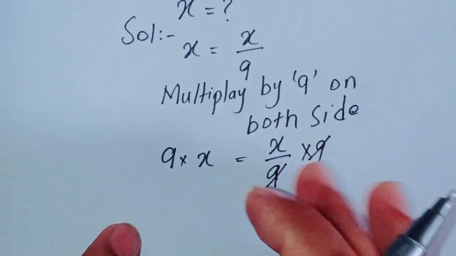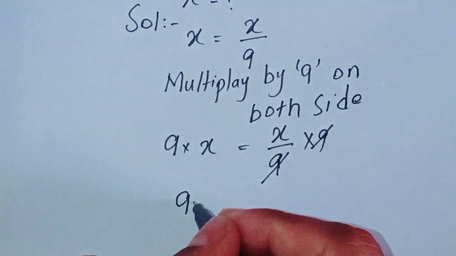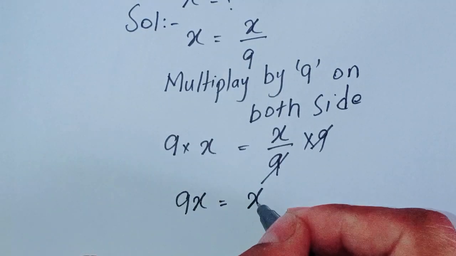The 9 cancels. This is 9x is equal to x.